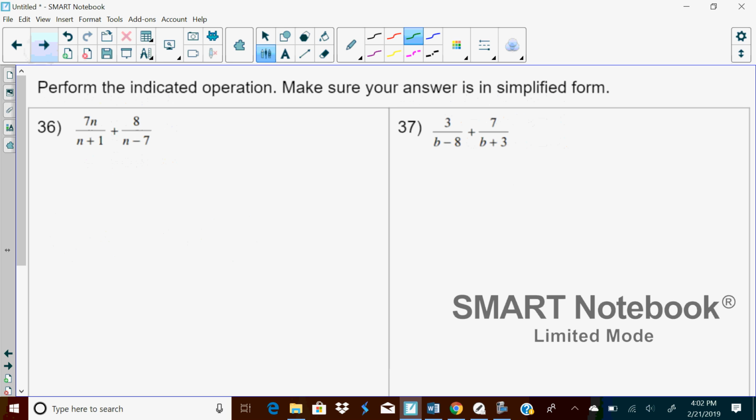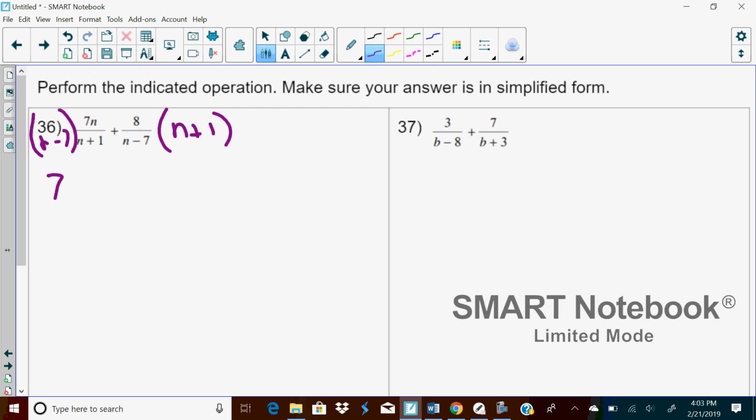Problem 36 through 40, I am performing the indicated operation. So remember to add, I have to find a common denominator. So I would multiply this one by n plus 1, this one by n minus 7.